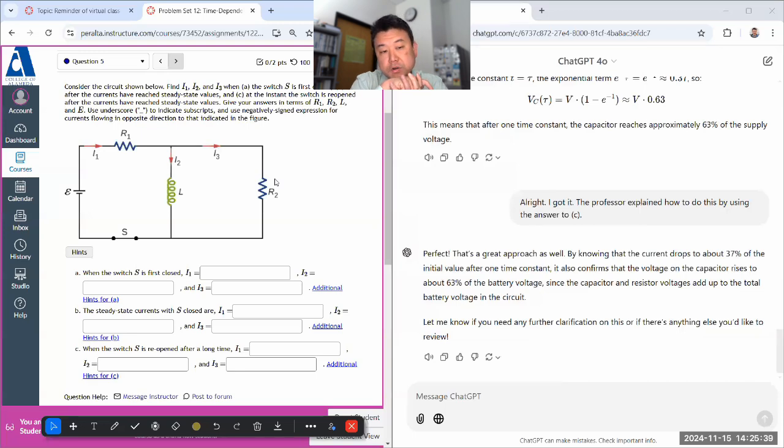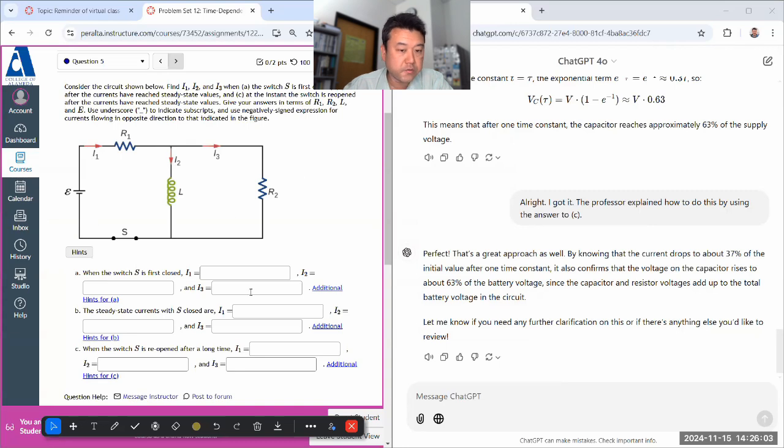Let's say you understand the steady state current circuit. With inductors, you understand that in steady state, it's like a wire. So wherever you see an inductor, replace it with a wire. Then you can see that I1 is just going to be the current through this circuit.